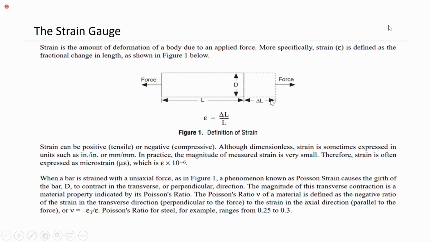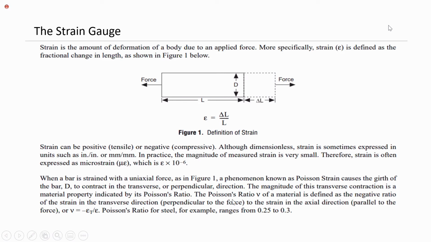If we get an increment in the length, we will get a decrement in the width, or perpendicular direction. The magnitude of this transverse contraction is a material property indicated by its Poisson's ratio.